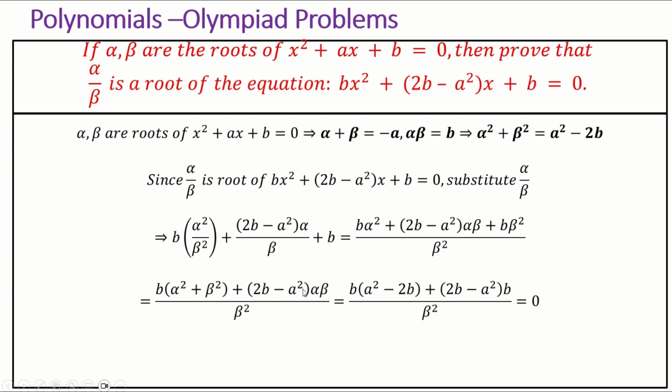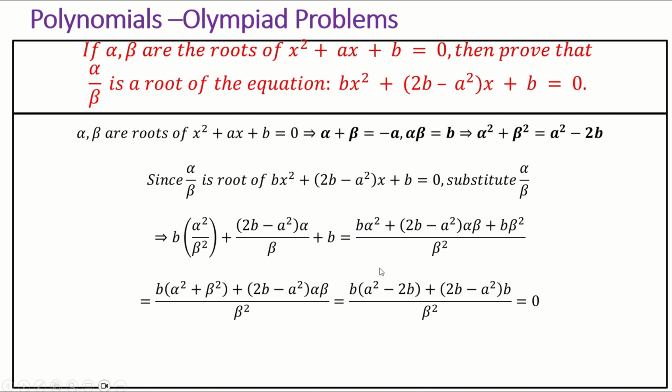Now bring all the alpha square plus beta square and alpha plus beta terms together. What you will get is b into alpha square plus beta square plus 2b minus a square into alpha beta, by beta square. This is nothing but, you have the value for alpha square plus beta square, which is a square minus 2b. You substitute it, and look at the numerator: these two terms are exactly negations, right?